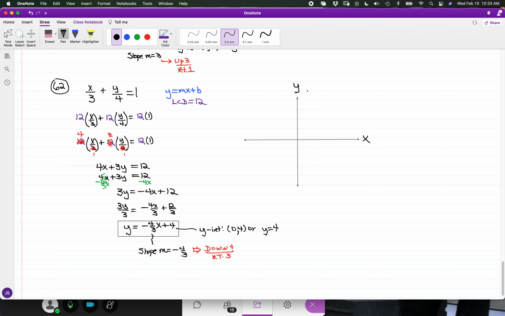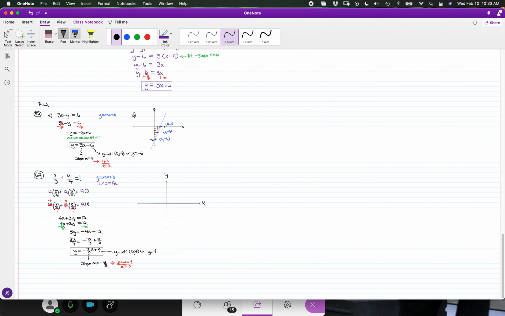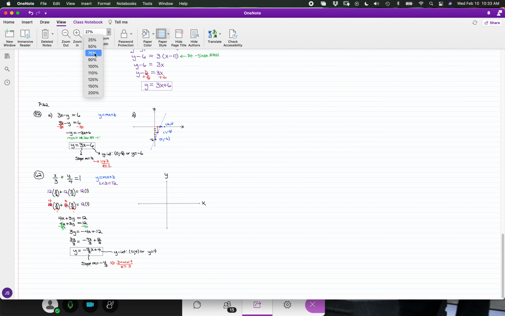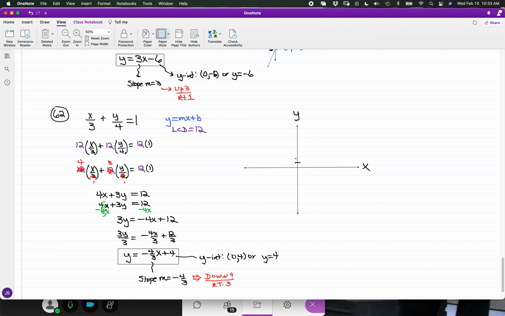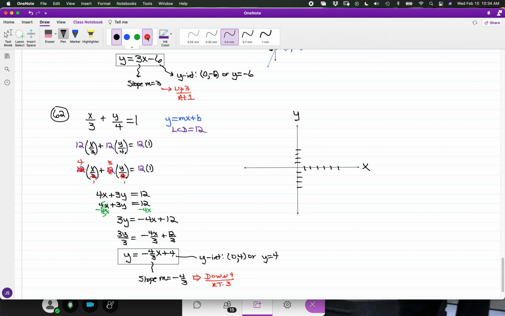Your y-intercept is (0, 4). So we're starting out at (0, 4), and the trend is going to be going down 4 units and shifting over to the right 3 units. So we go down 1, 2, 3, 4 and shift over 3 units.